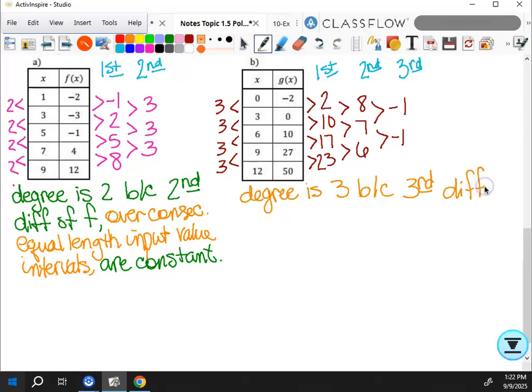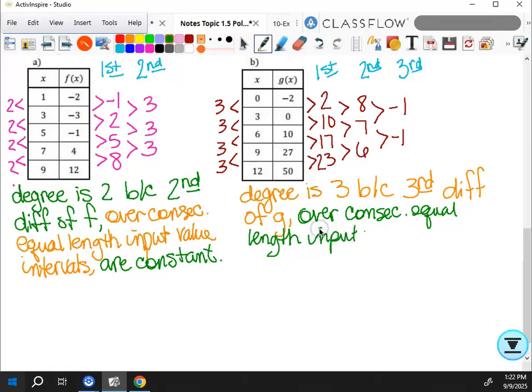Differences of g, and then I have to say over consecutive equal length input value intervals are what? No. Are they changing? They are constant.